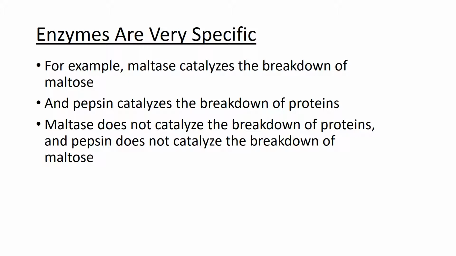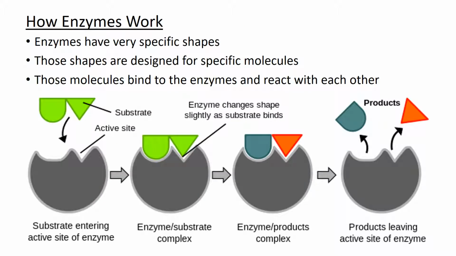How do enzymes work? How do enzymes catalyze such specific chemical reactions? The answer has to do with their shapes. Enzymes have very specific shapes. Remember, enzymes are proteins, and we said proteins have very complex shapes. And so the result is that enzymes have very specific shapes. Those shapes are designed for specific molecules.